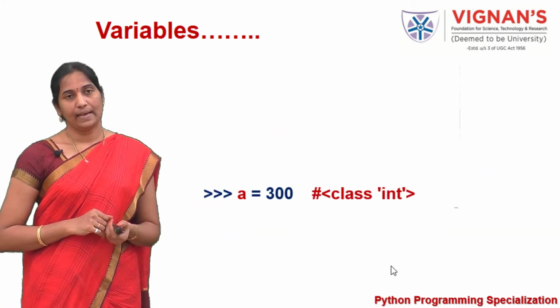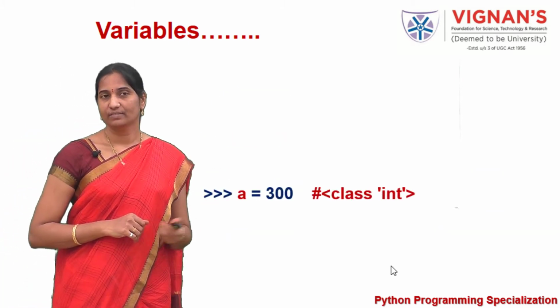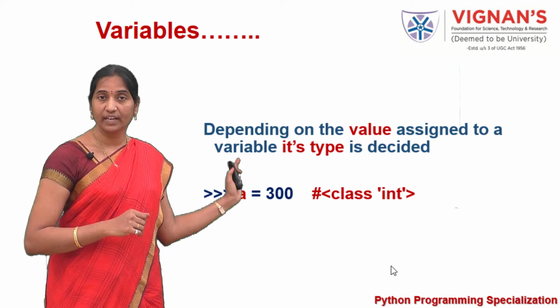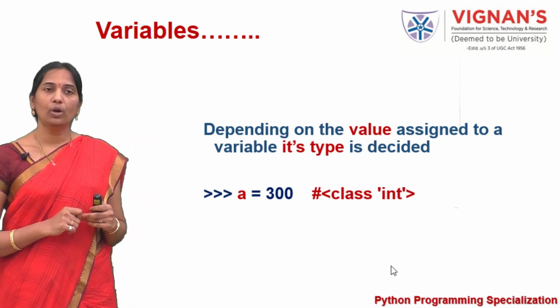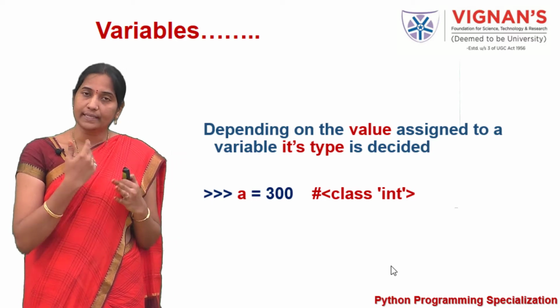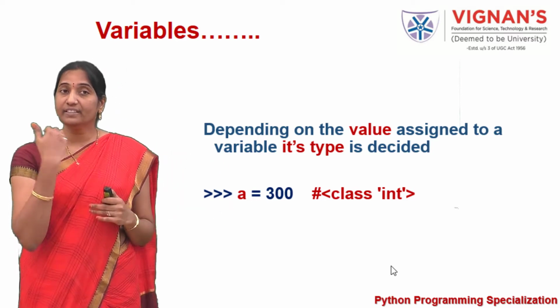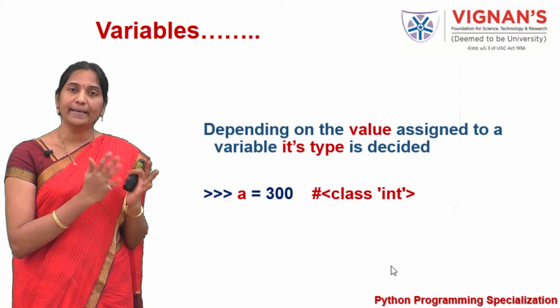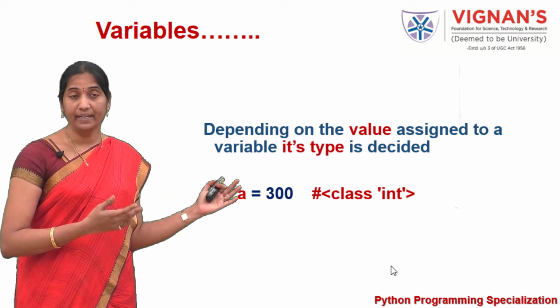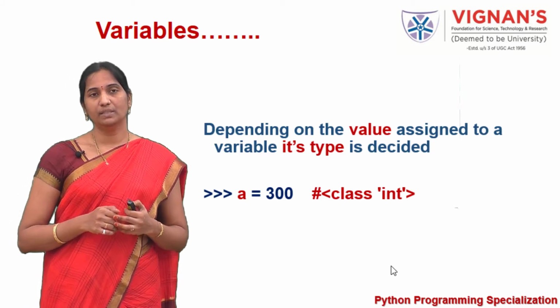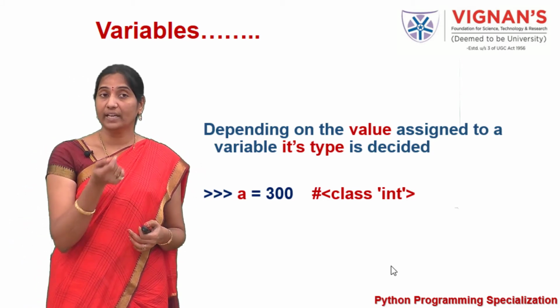Now consider this example, a equal to 300, where I am storing a value of 300, which is an integer, in the variable a. Here I am not specifying any type for the variable a, but even then every variable in Python is treated as having a type. The type of a variable is dependent on the value you are assigning to the variable.